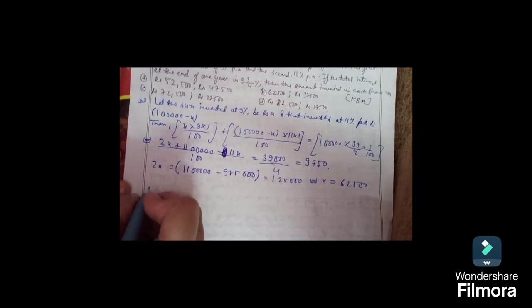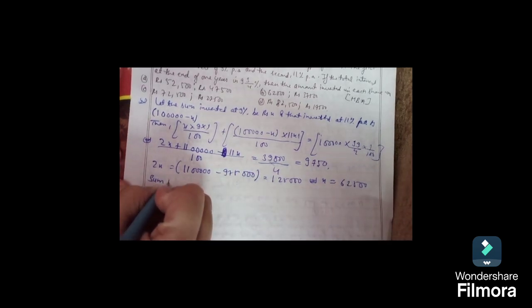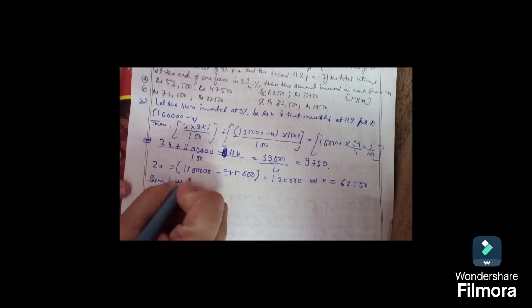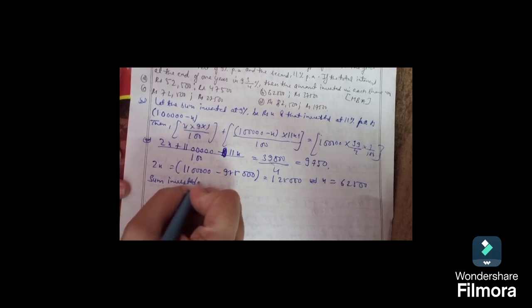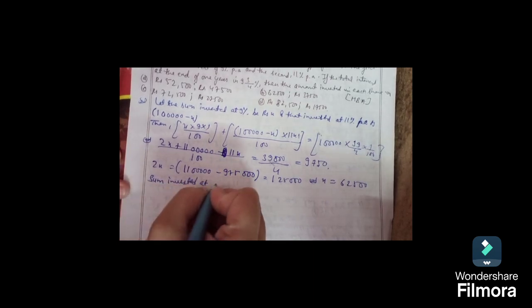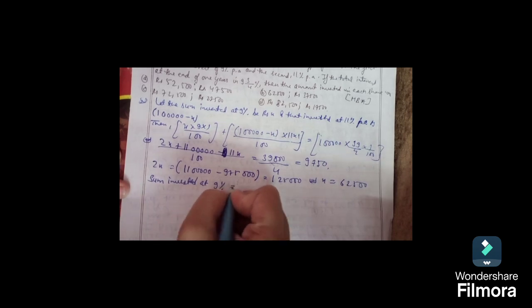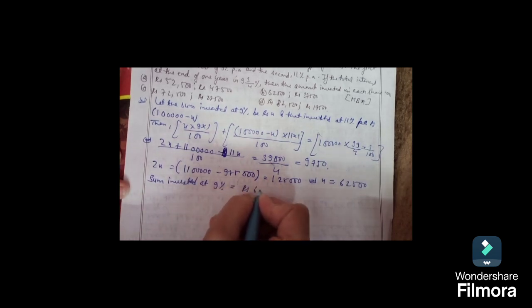Sum invested at 9% equals rupees 62,500.